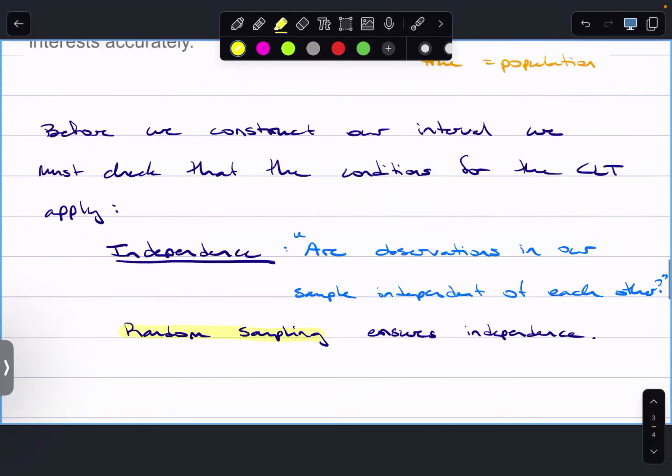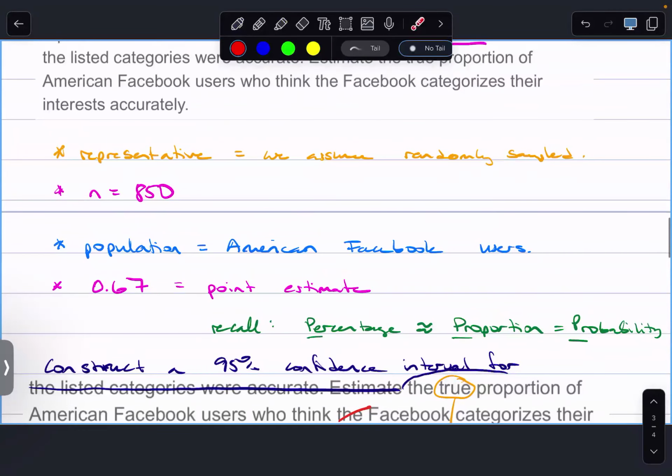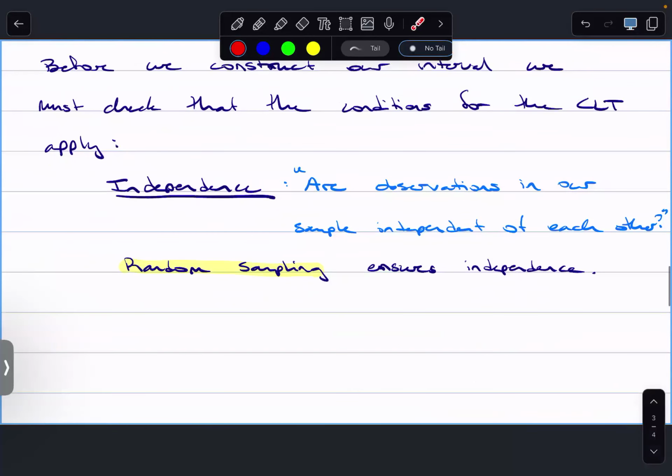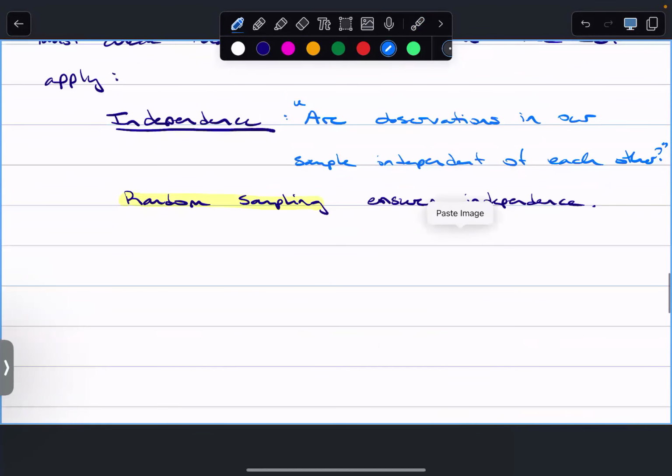In this case, we had to phrase it a little bit differently. We assume it was randomly sampled because they tell us that it's representative. Sometimes I think of these as just stating your assumptions: here are all the things I'm assuming. They're not necessarily given, but that's okay. So, we assume the sample was randomly selected.